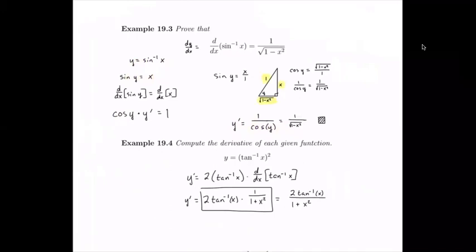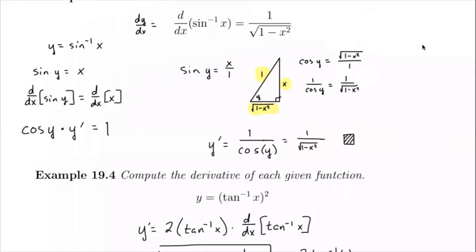We solve for this side, we'll get root 1 minus x squared, and the angle between the hypotenuse and the adjacent side is y. And now if I'm looking for cosine of y, well, it's the adjacent over the hypotenuse here. So then 1 over cosine y is the reciprocal of cosine y, right?